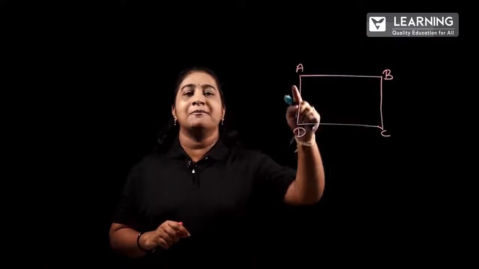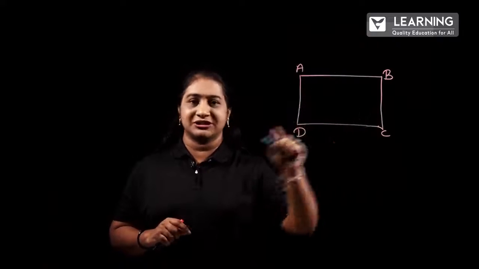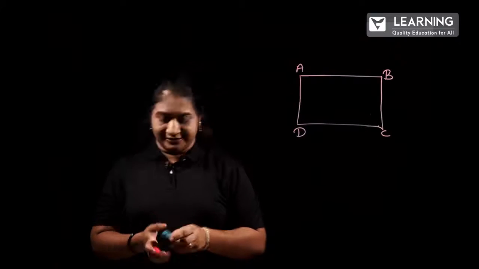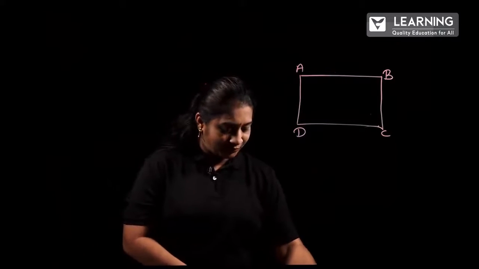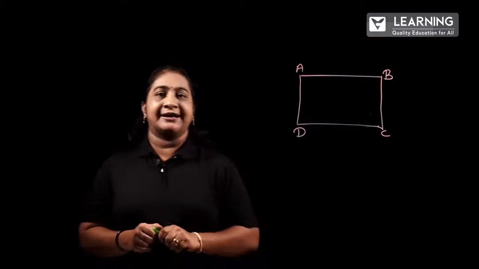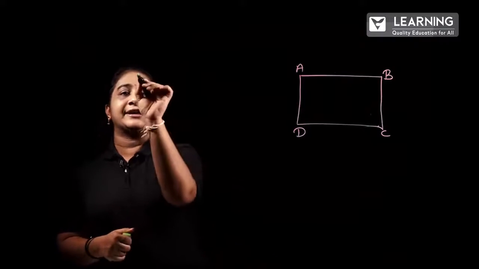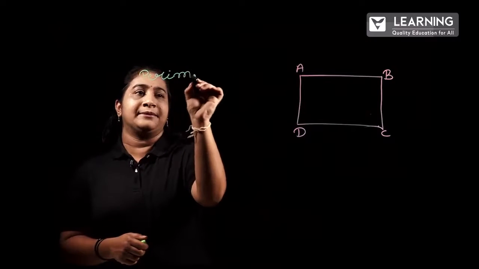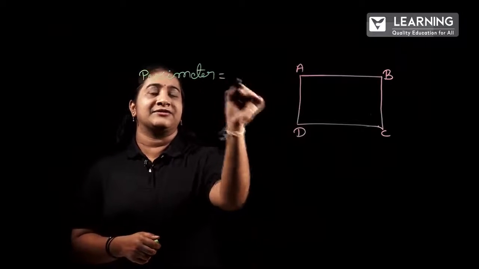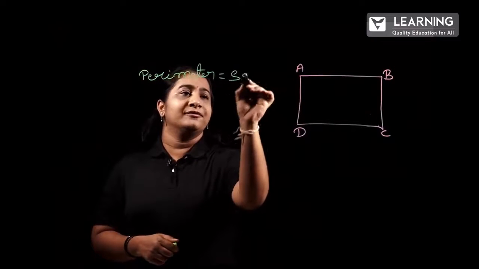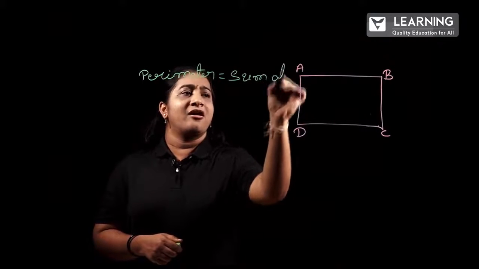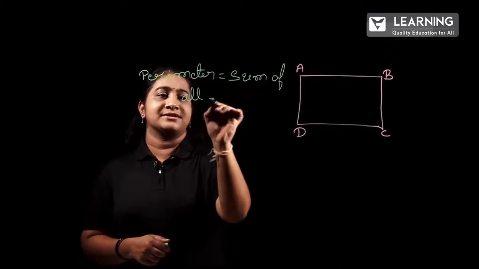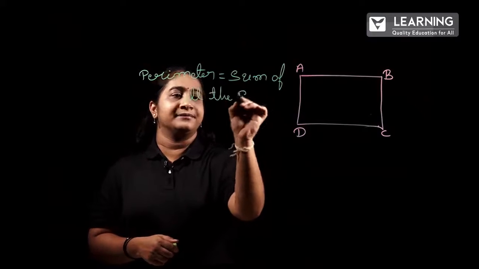So, for a rectangle, what is the formula to find the perimeter? Perimeter of rectangle is equal to the sum of all the sides.